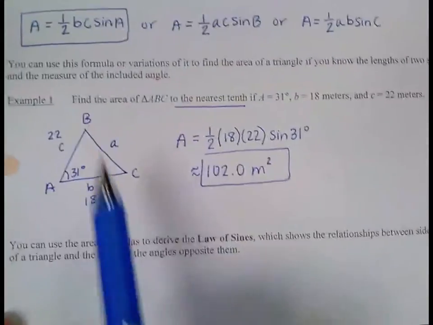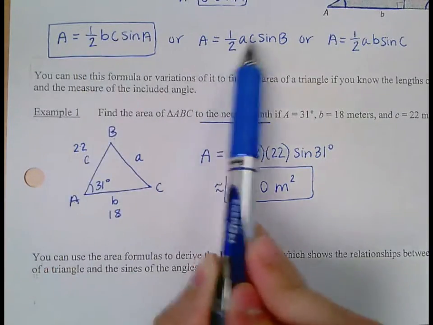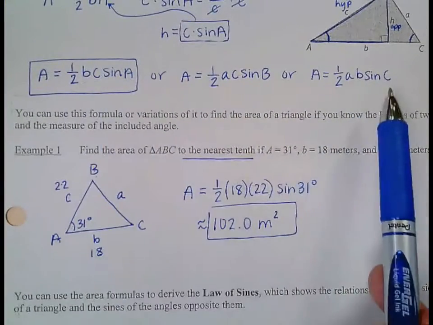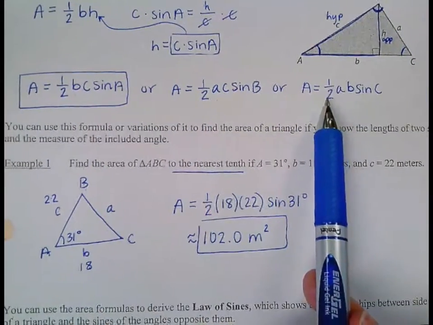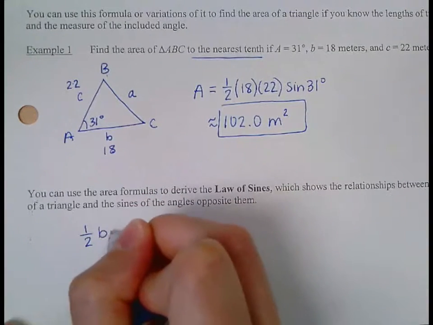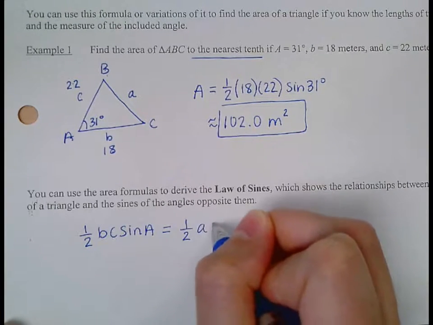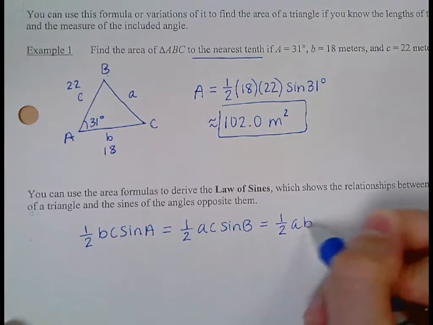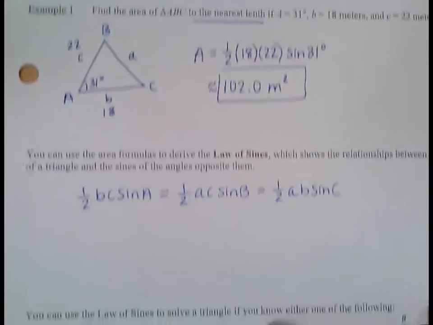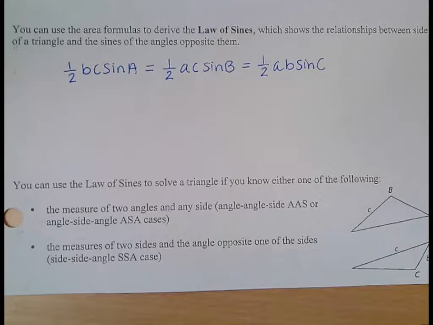Since all three of these formulas are equal to the area of the same triangle, I can set these three expressions equal to each other: 1/2 b times c times sine of A would equal 1/2 a times c times sine of B would equal 1/2 a times b times sine of C. Those all represent the same area, so they're all equal to each other.